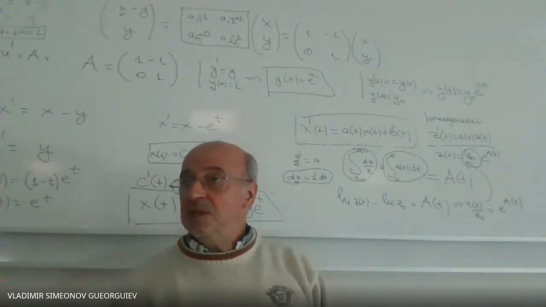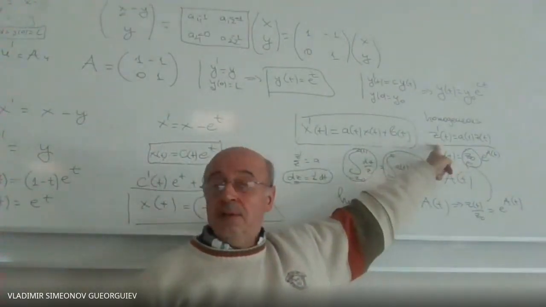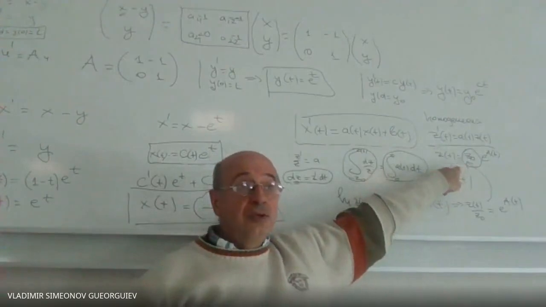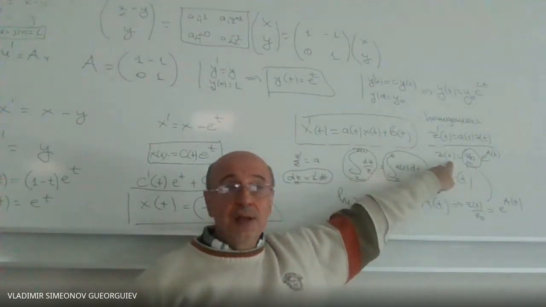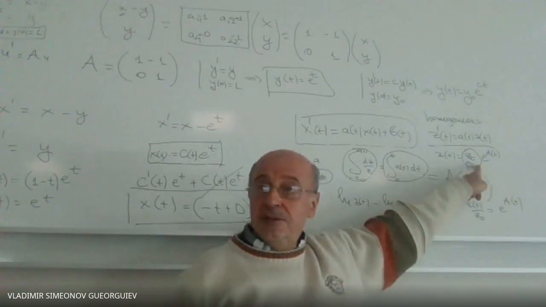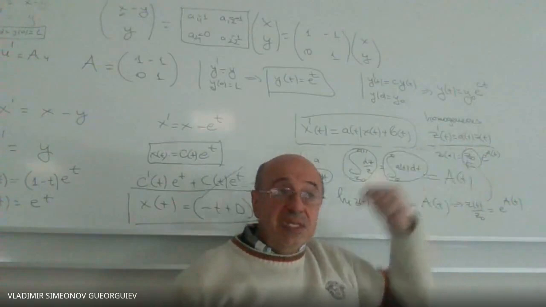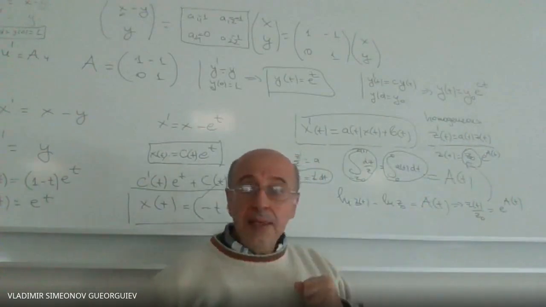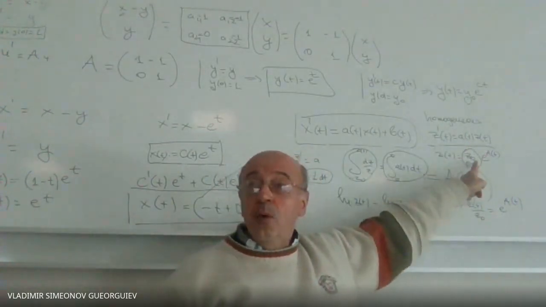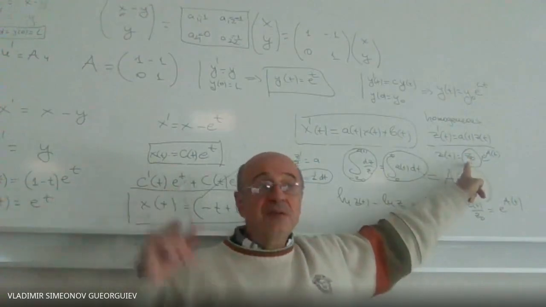Varying constant means, in order to solve this equation, not this one, you shall use this representation, but you shall assume that this coefficient is not constant, but a new function. This explains why we modified only the constant, putting c of t in our previous calculation.